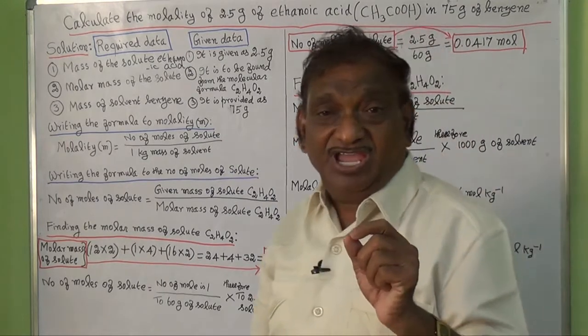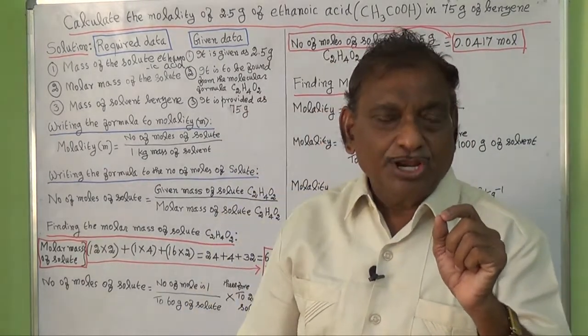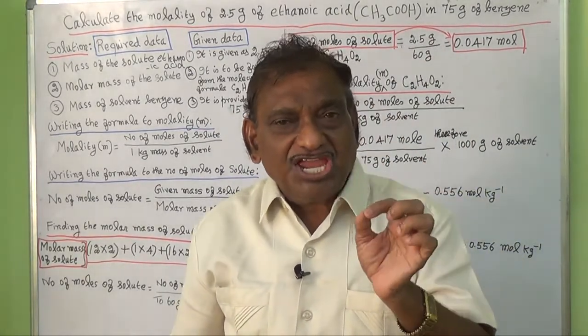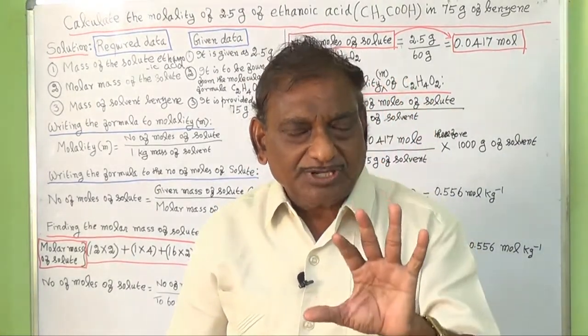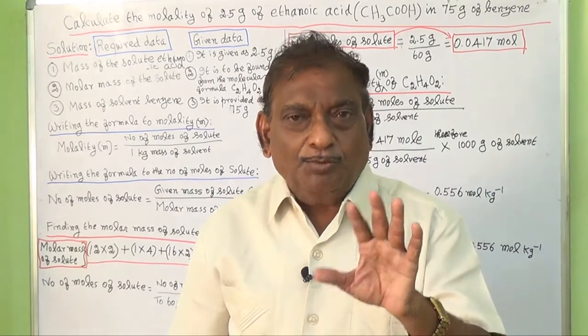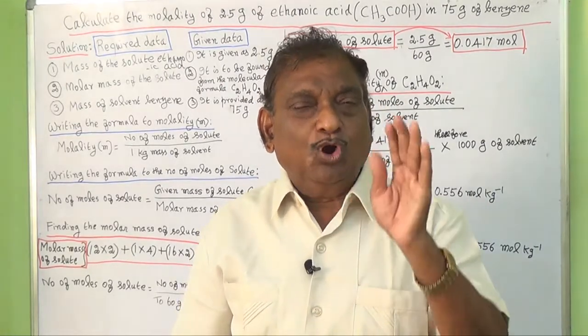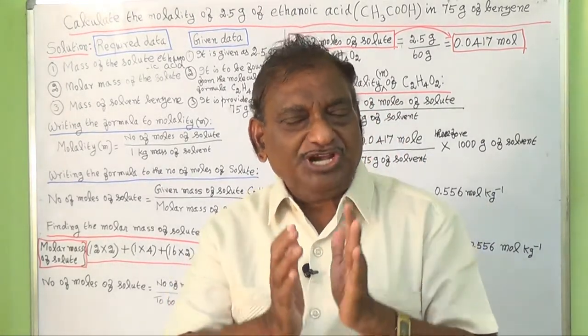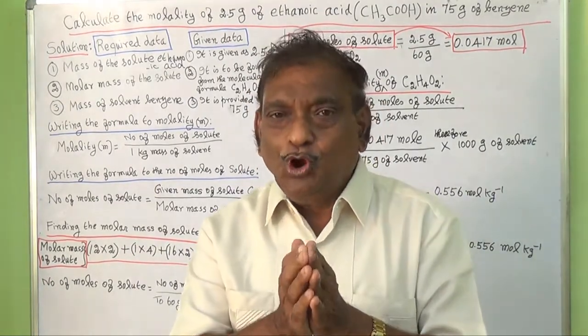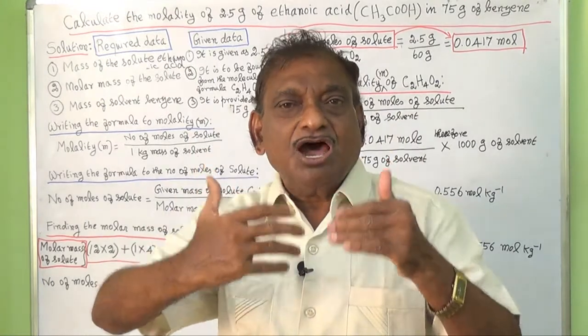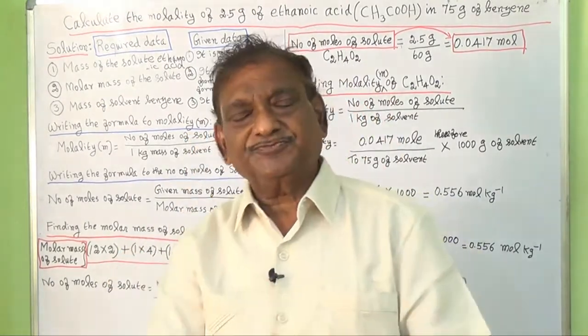It is advised to the students to see my educational videos defining the mole concept, molarity, molality, mole fraction, volume percentage and mass percentage. It will be helpful to you to understand these basic concepts.